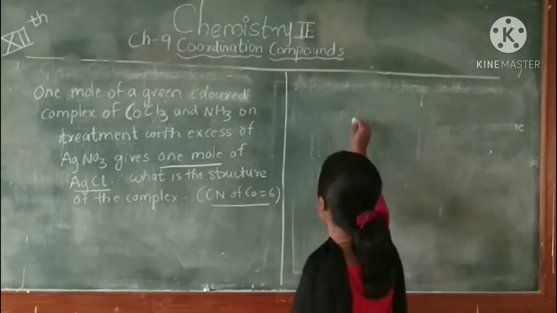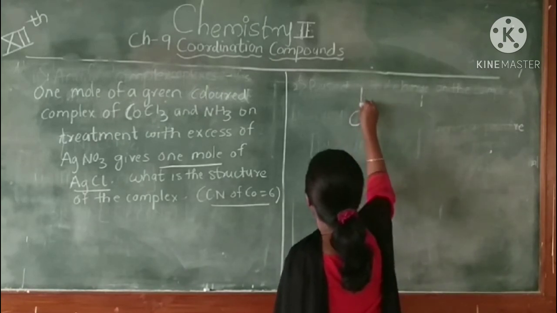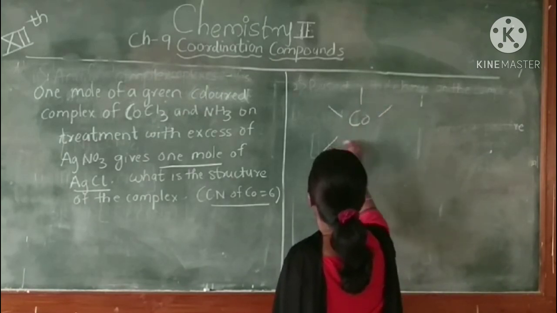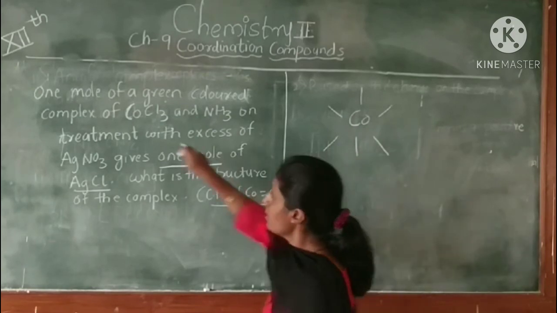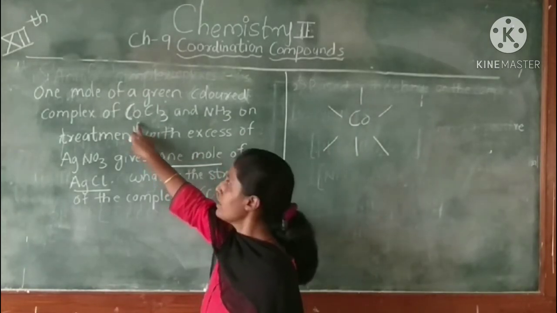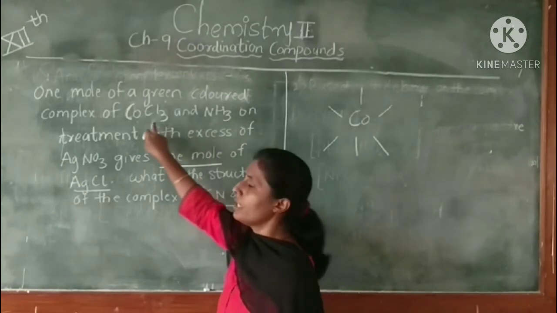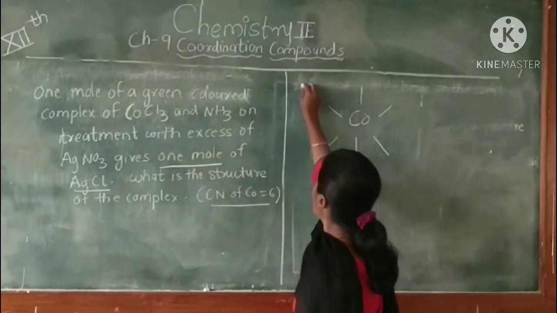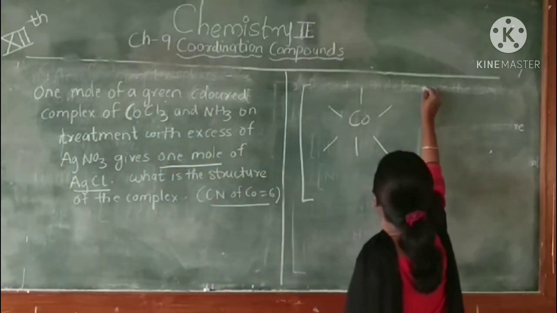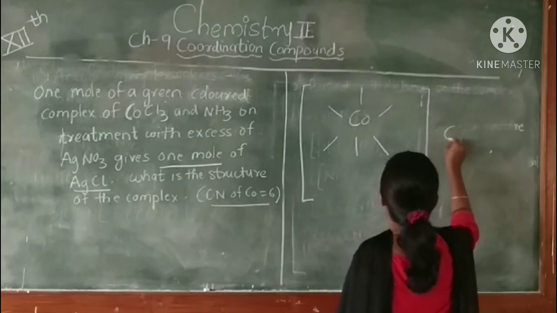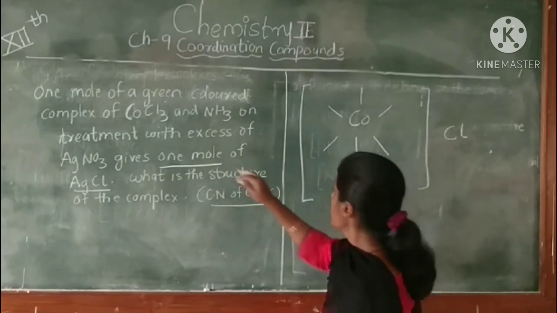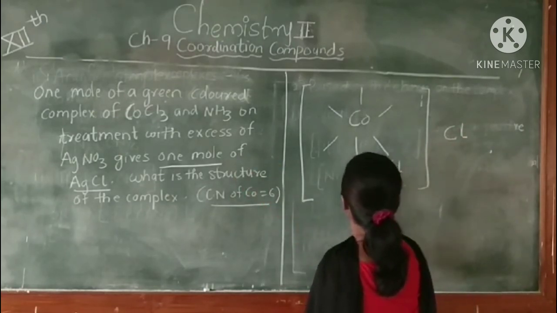So only 1 chloride is ionizable in the complex, and NH3 ligand is also there, and the coordination number of cobalt is 6. So cobalt is attached to 6 ligands. The complex is formed from CoCl3 and NH3, and 1 chloride is outside the coordination sphere, so the remaining 2 are inside.